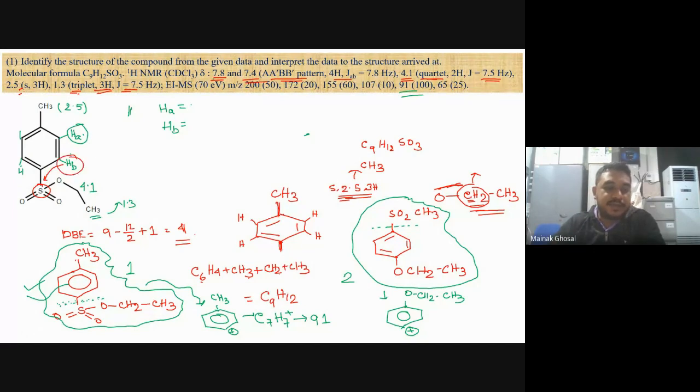So HB will have a higher chemical shift value, and HA will have a lower chemical shift value. So I have explained the NMR spectrum of this kind of compound. Now I need to match it with your mass spectrum. One fragment I have got, the other fragments I need to pull.